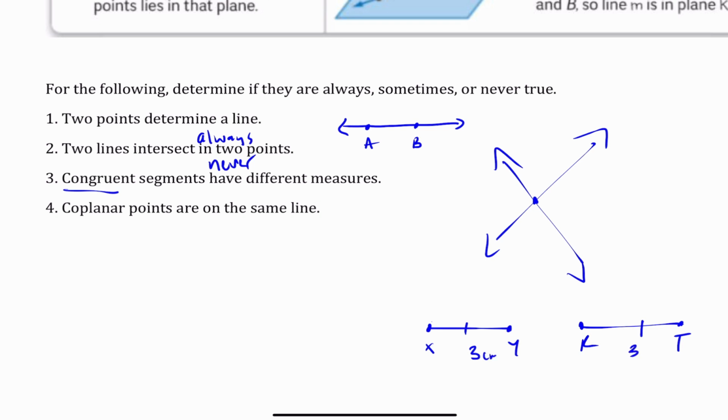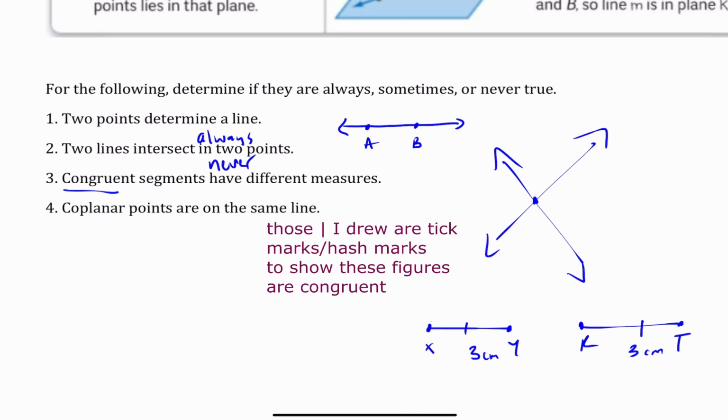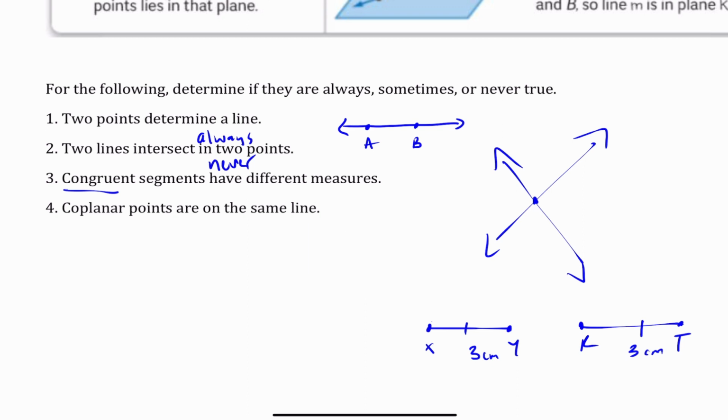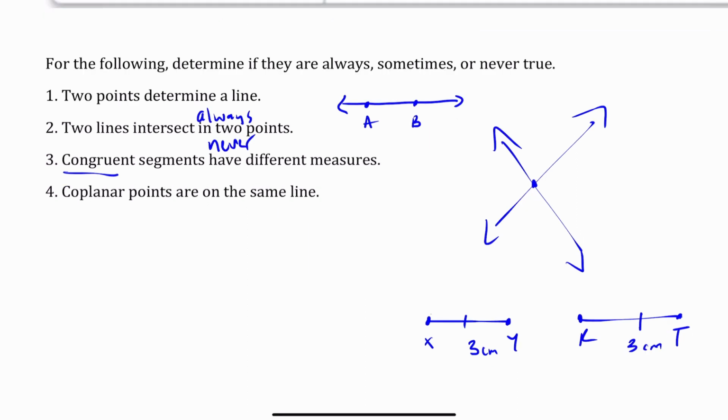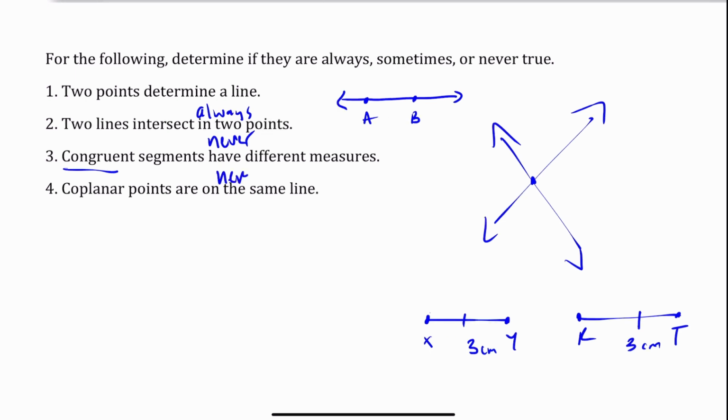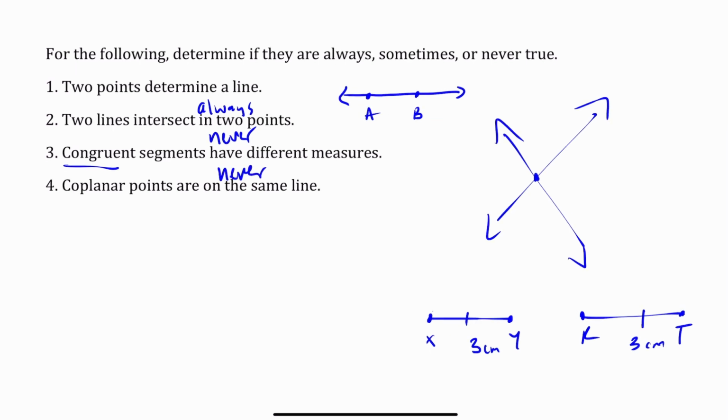Let's say they're 3 centimeters each. Then they have different measures? Well, if they have different measures, they cannot be congruent whatsoever, right? So that should be never. Congruent figures should be same size, same shape.